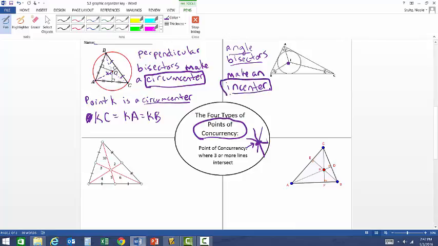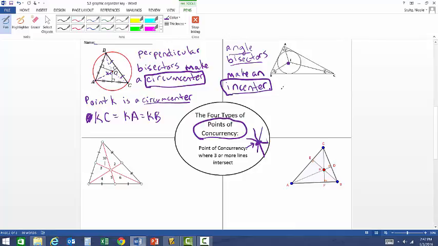So that's another one we need to remember. Angle bisectors make an incenter. Really no specific rules with an incenter that we need to know in this class. There are certain rules, but we won't be learning them in this class.